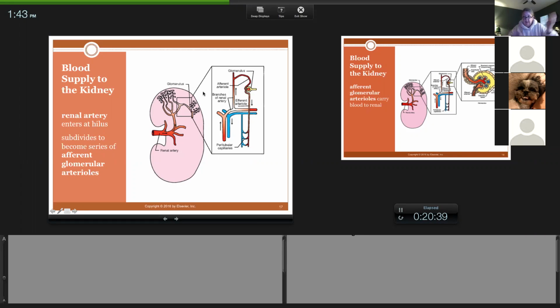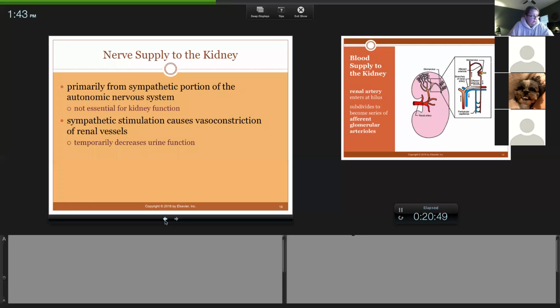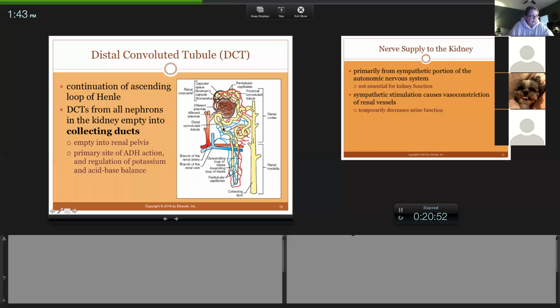Afferent comes in, efferent leaves. The efferent arteriole is then going to branch into the peritubular capillaries. Now, that's what these little string-like structures are. Peritubular means around the tubules. The peritubular capillaries surround the PCT, the loop, and the DCT.